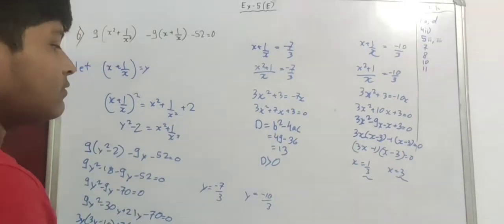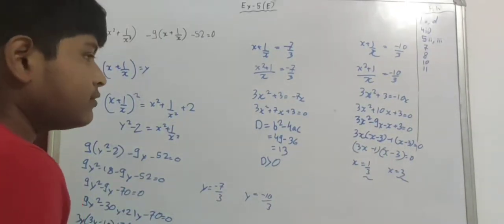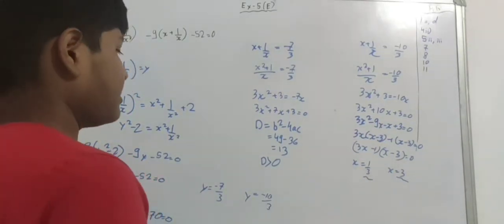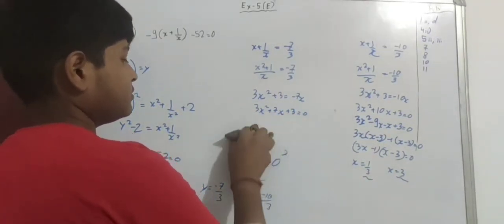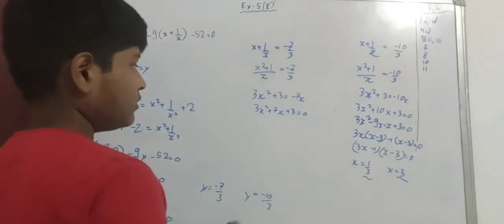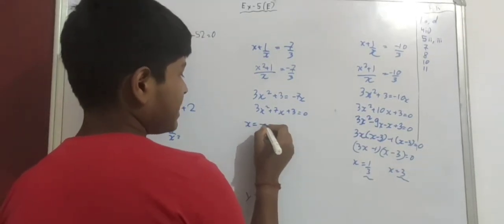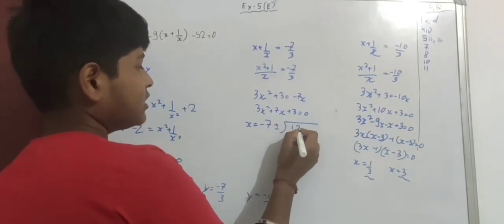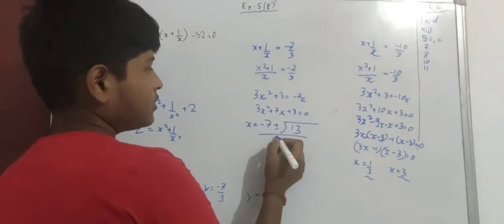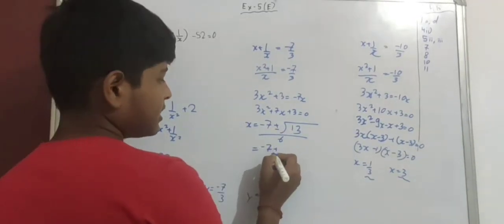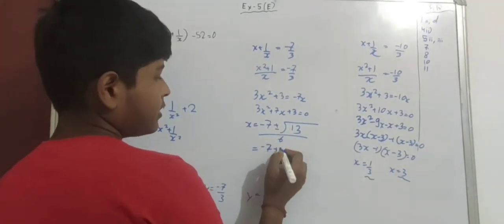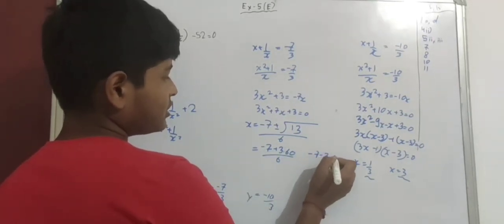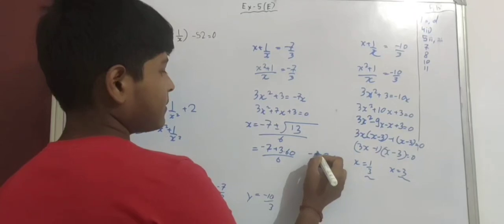Remember friends that our discriminant is 13, so that we do not have to calculate it again in finding x. Using the formula of x is equals to minus b, that is minus 7, plus minus under root discriminant, that is 13, divided by 2 into a, that is 6. Plus minus 3.60 divided by 6 and minus 7 minus 3.60 divided by 6.